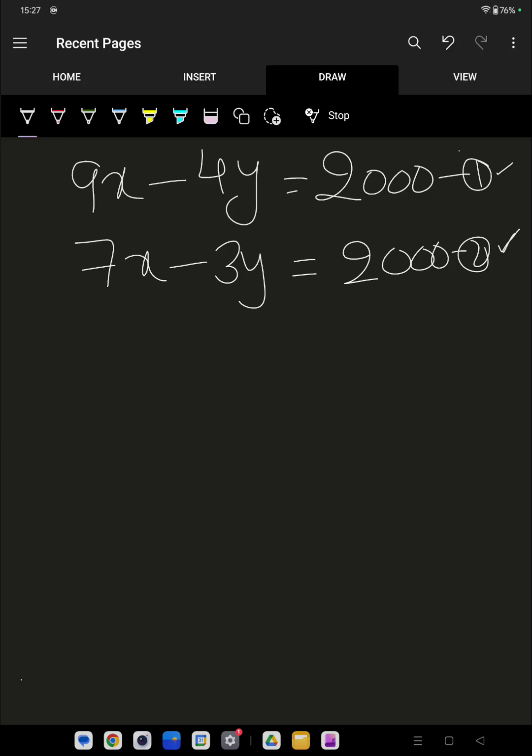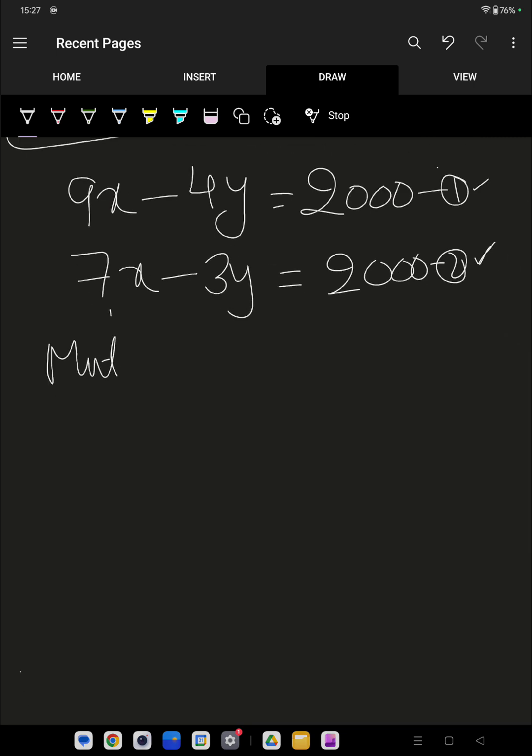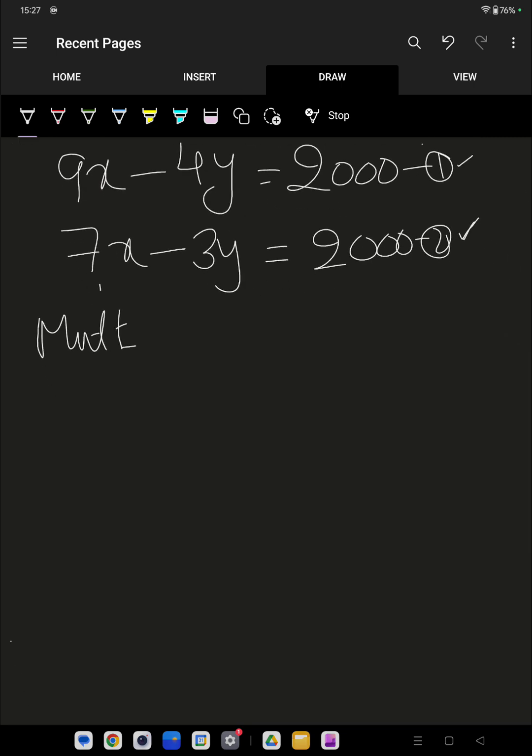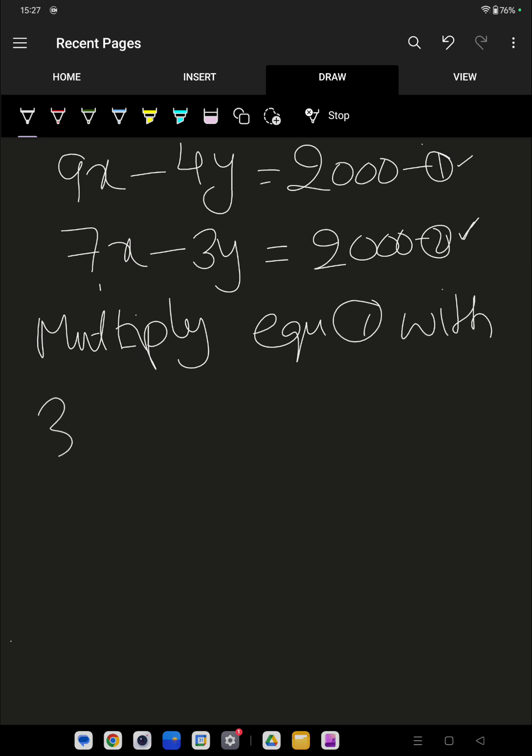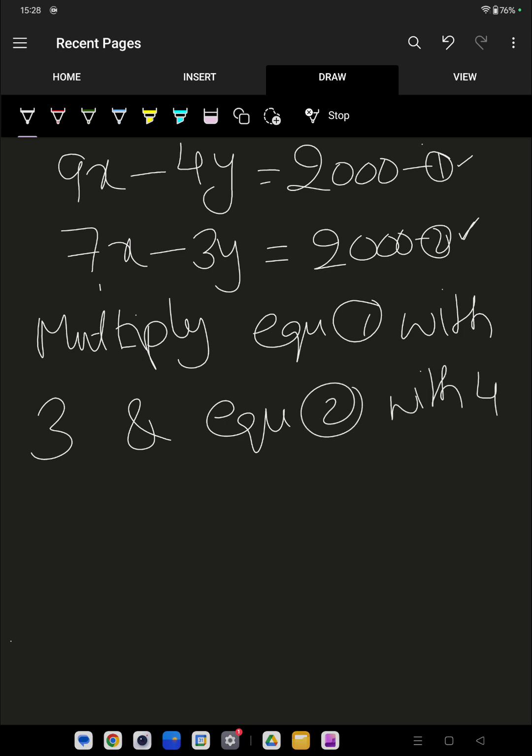I can multiply these equations. If I multiply equation 1 with 3 and equation 2 with 4, then what will happen? I will write it.